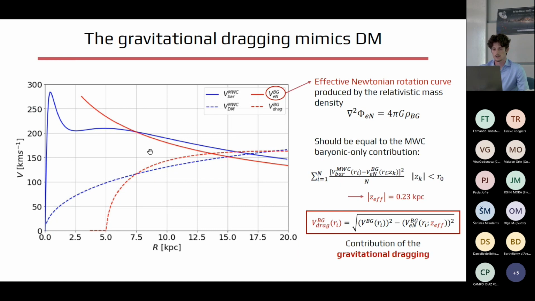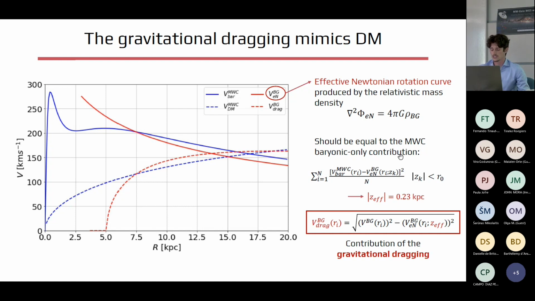To directly quantify the gravitational dragging contribution to the relativistic rotation curve, we calculated the effective Newtonian rotation curve produced by the relativistic mass density by solving the Poisson equation. Clearly, this effective velocity should be equal to the baryonic-only contribution of the classical model.